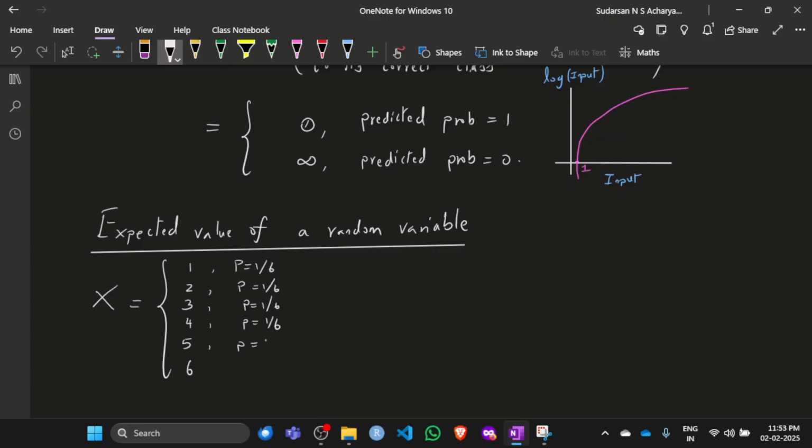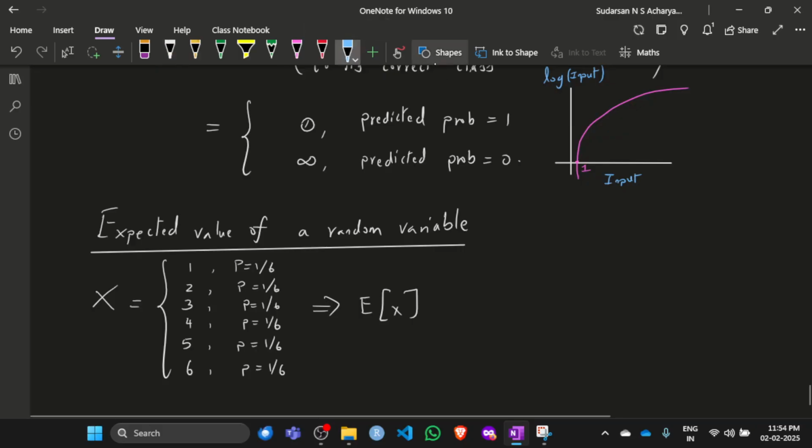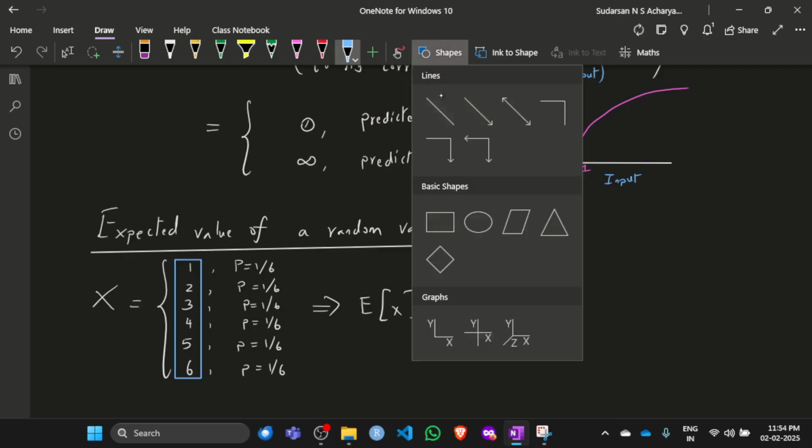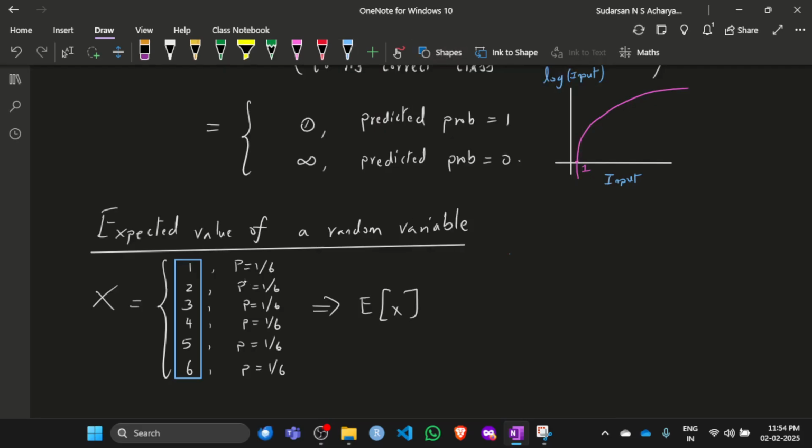It could also be different probabilities that the random variable takes these values, but in this case we assume it's a fair die. So the expected value of a random variable, by definition, once you have the set of possible values that the random variable takes, which in this case are 1, 2, 3, 4, 5, and 6, and the associated probabilities, which in this case are all equal to 1 over 6, then the expected value we saw in APS last time can easily be written like this.